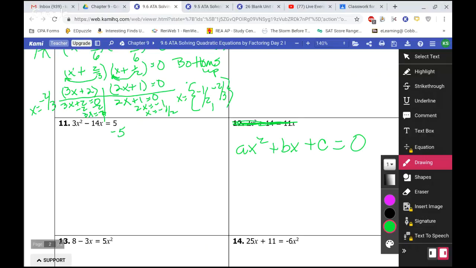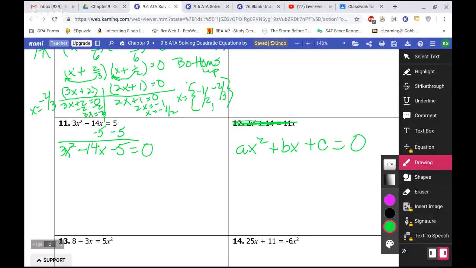I'm going to subtract 5 from both sides. And now I'll have an x squared term minus 14x minus 5 equals 0. Do you all understand now? Thank you, Roger. Good job. Do you all understand how that now is in standard form? I have an x squared term, I've got an x term, and I've got a constant.